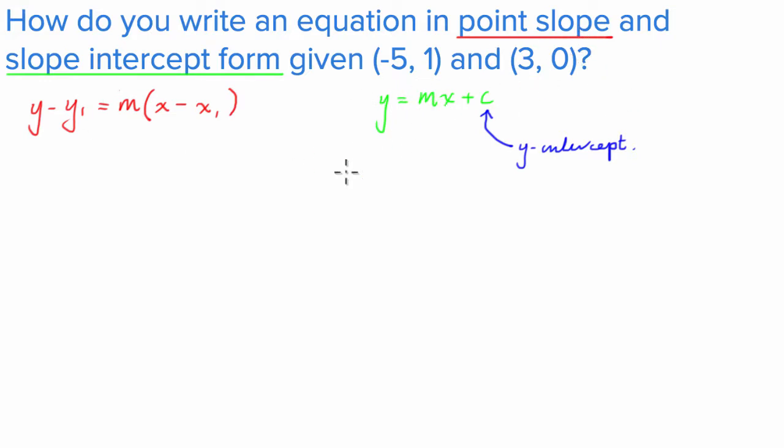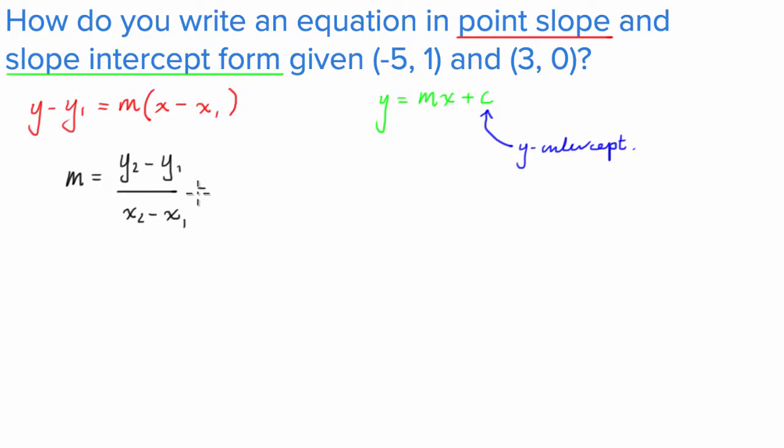Because we have the gradients or the slopes of both lines, let's start by calculating what the gradient of this particular function is going to be. So hopefully you guys are aware that m is equal to y2 take y1 divided by x2 take x1. Now this can also be written as rise over run.